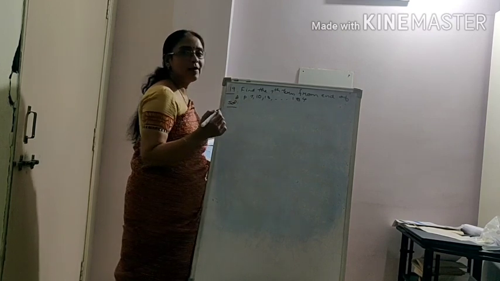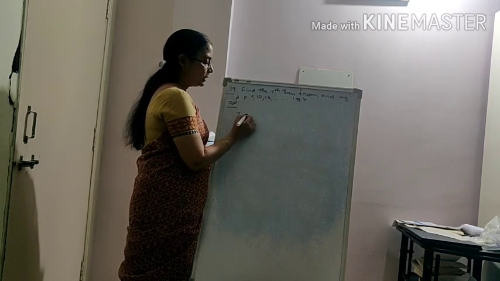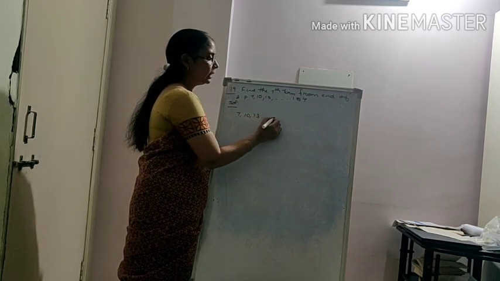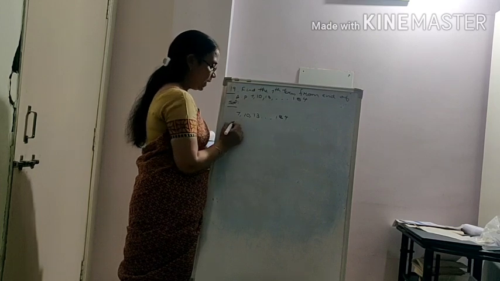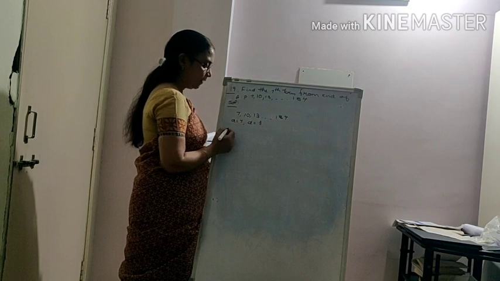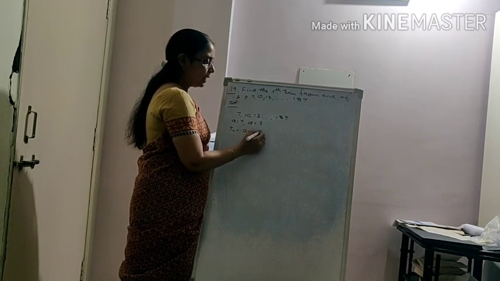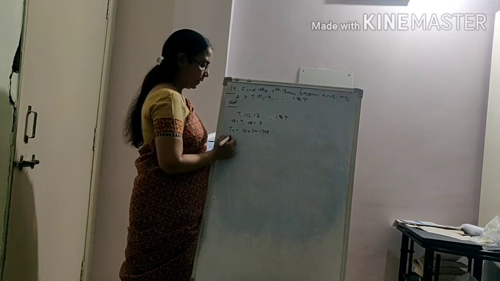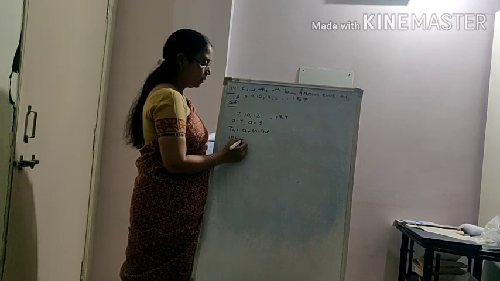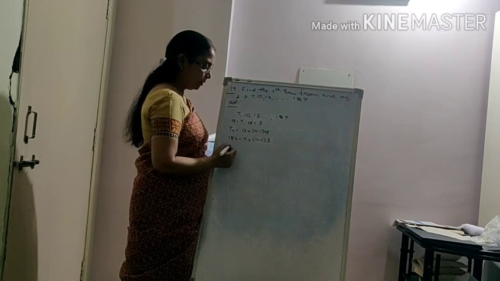First of all, let us find out how many terms are there. When the sequence is 7, 10, 13 and so on 184, we can write A is 7, D is 3. So Tn is equal to A plus n minus 1 into D. So Tn is 184, 7 plus n minus 1 into 3.